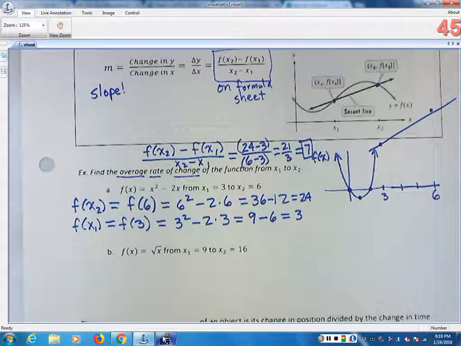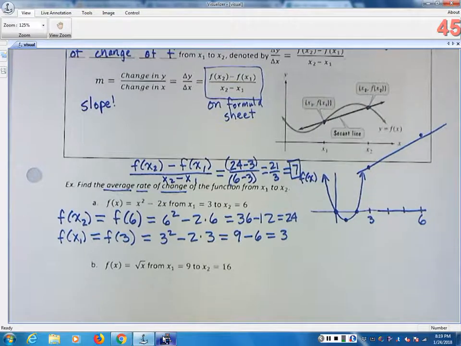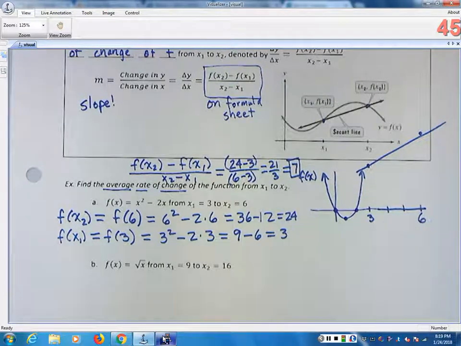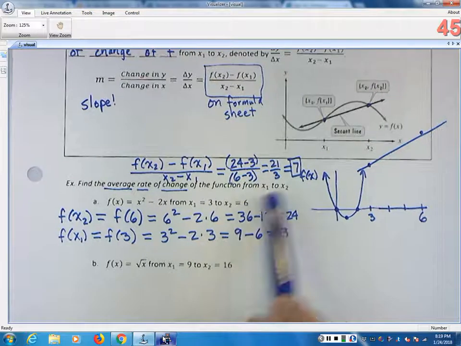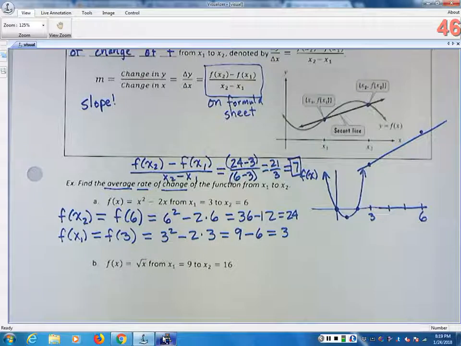And you know, this slope is supposed to be like that. But, okay, so between 3 and 6, we've got a slope of 7 on this parabola. Okay, that's the average rate of change between 3 and 6.